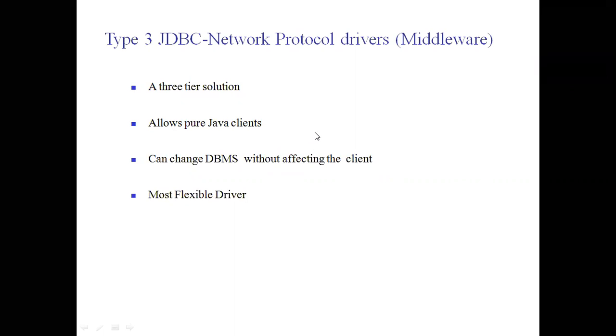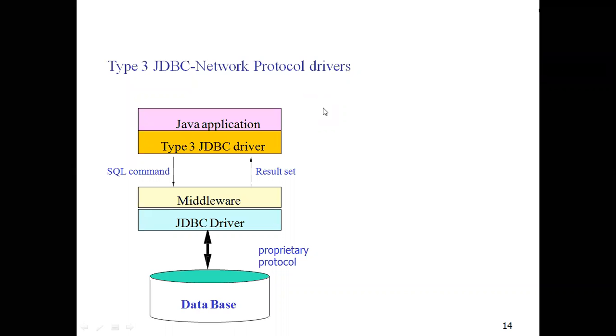And type 3 is suitable whenever your application interacts with multiple types of database, whether it is a MySQL database, an Oracle database, or a DB2 database. If your application interacts with different types of database, then you have to go with the type 3 driver.